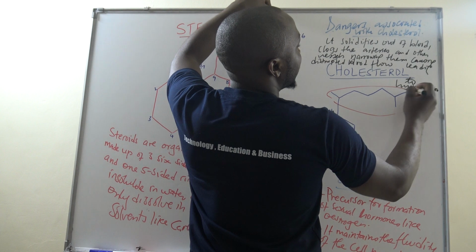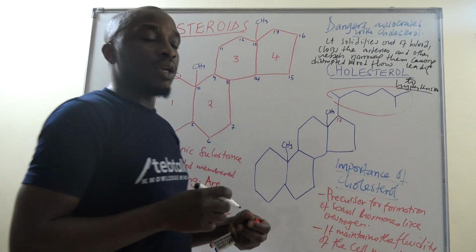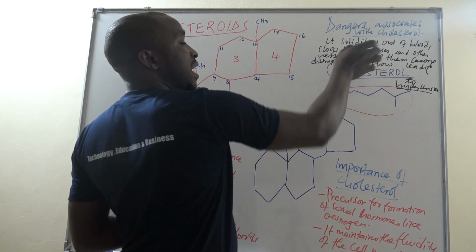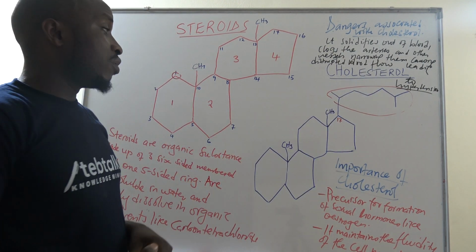Overworking of the heart is hypertension. The heart will pump blood through the narrowing capillaries and the heart will overwork.